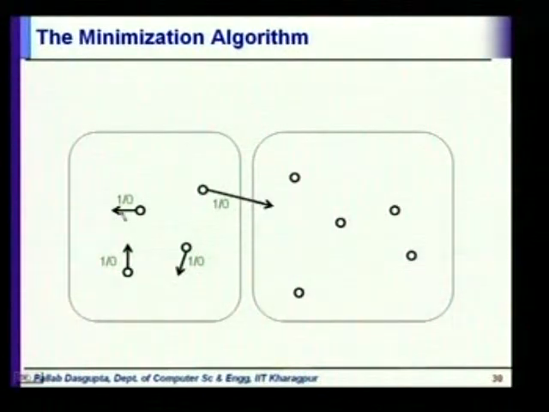Now, look at this. On giving input 1, these states move to states within the same bucket. This state moves to a state within the other bucket. So, this state cannot be equivalent to this, right? Because remember the definition of the equivalence, the next state should be equivalent.